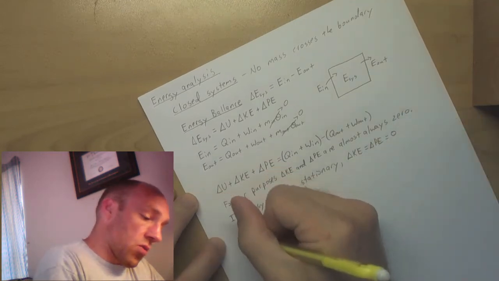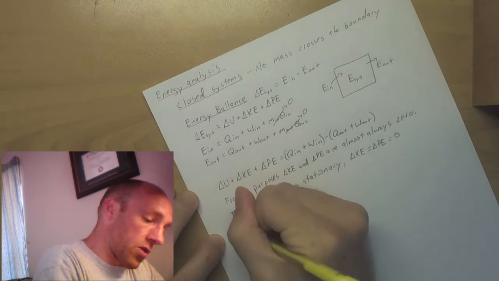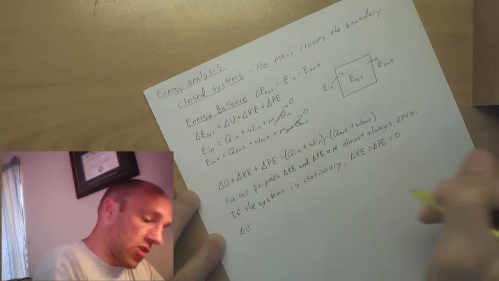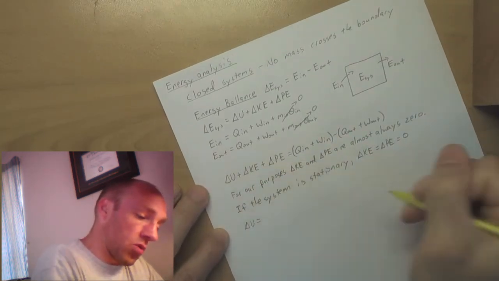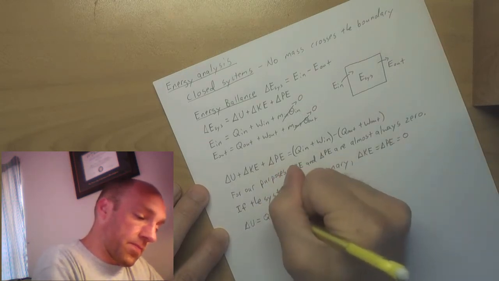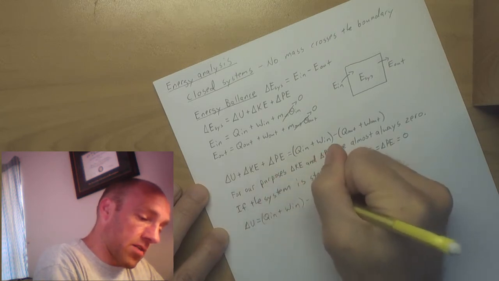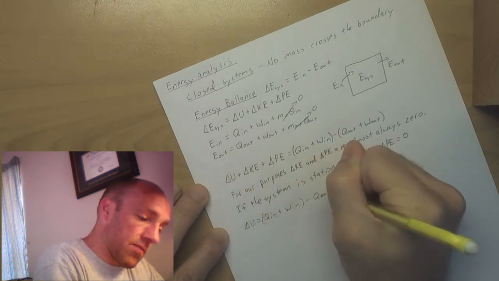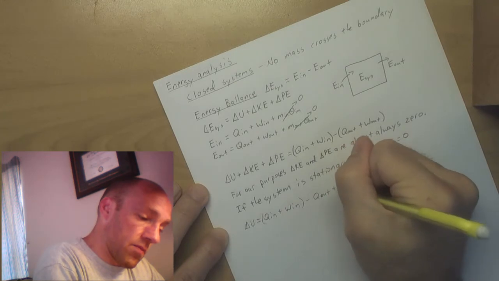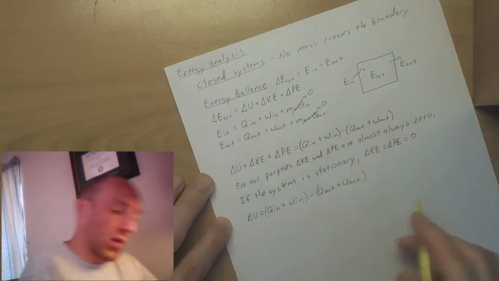Okay, so in that case, the energy balance simplifies further to just the change in internal energy is equal to the heat and work coming in minus the heat and work leaving. And you can rearrange that however you want.